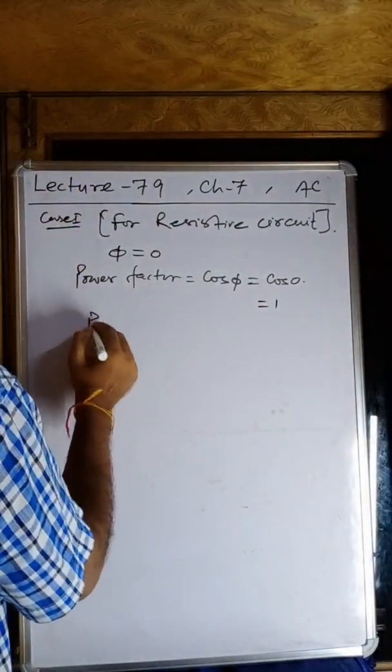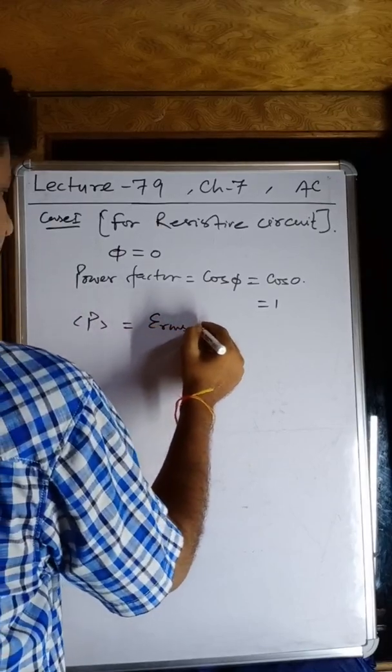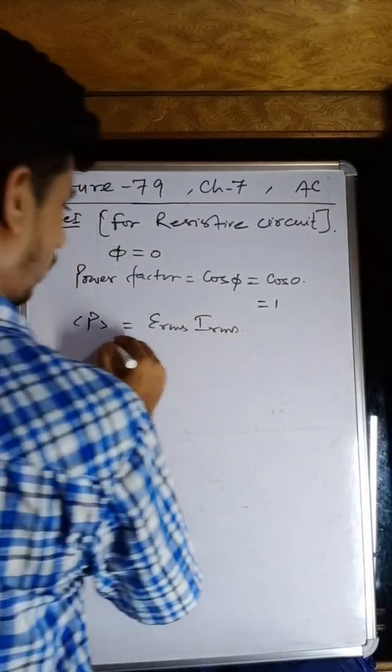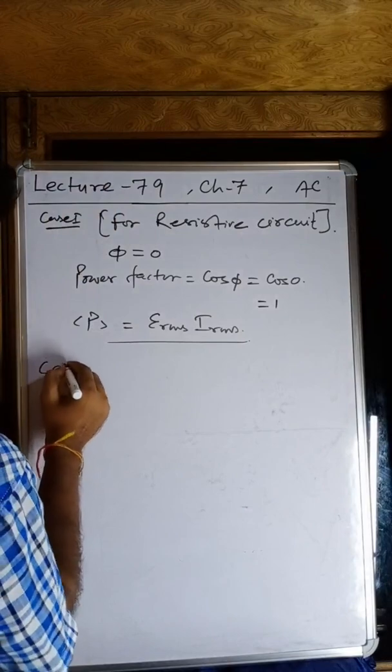Then the average power will be E RMS times I RMS for the resistive circuit.